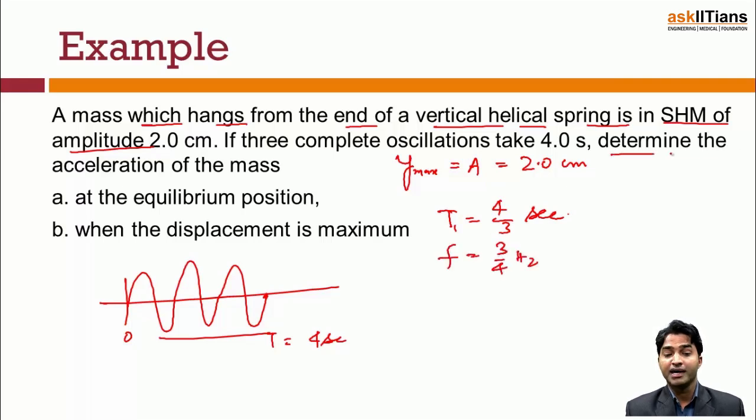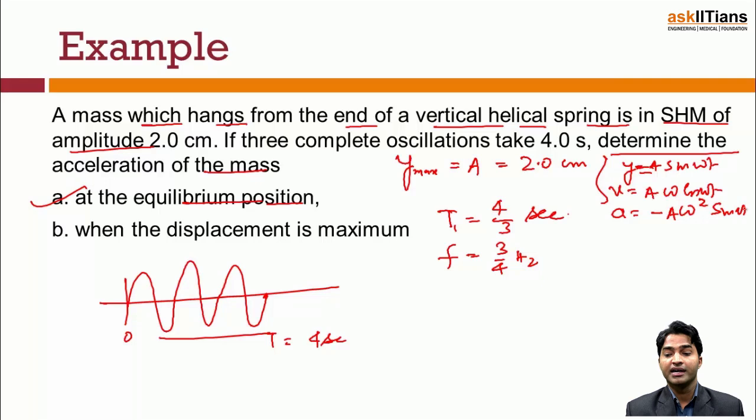Now what we have to find: determine the acceleration of the mass at the equilibrium position. At equilibrium position, displacement is always 0, because if y is equal to A sin ωt is the equation of displacement along the vertical direction, then velocity is equal to Aω cos ωt, and acceleration is equal to minus Aω² sin ωt. So we are getting a is equal to minus ω² y.